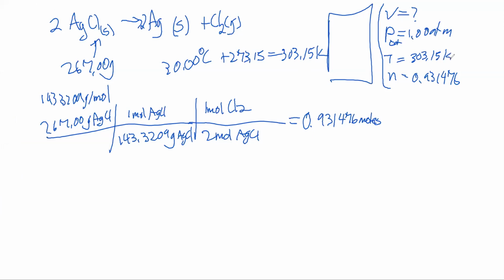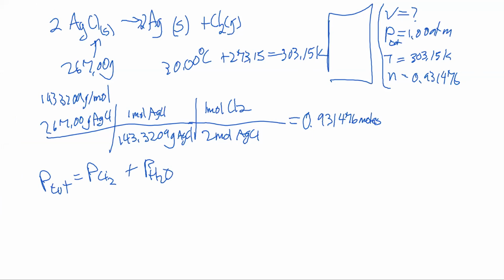303.15 Kelvin. And then we know that our pressure total should be made up of 2 things. It should be the pressure of our chlorine gas, but it should also be the pressure of our water because we're capturing it above pure water.